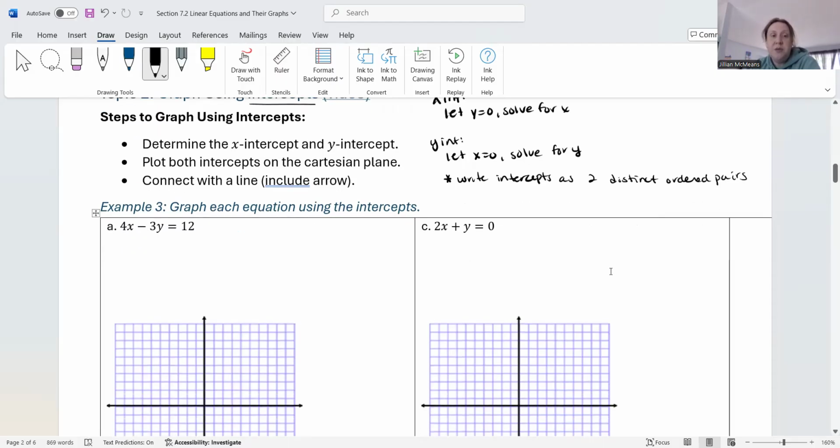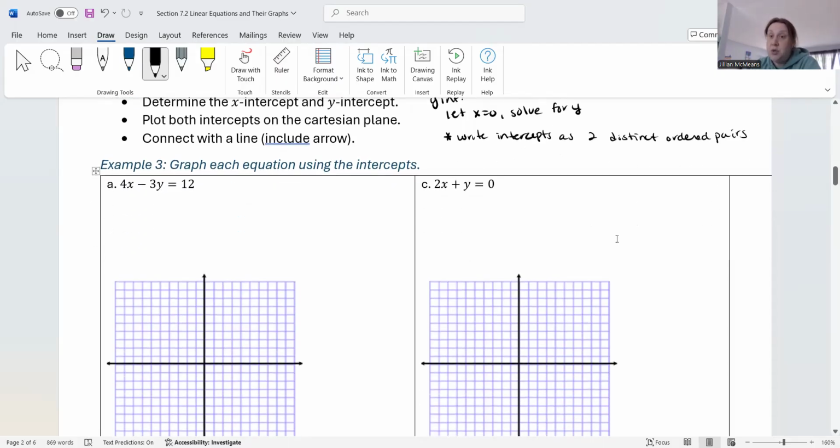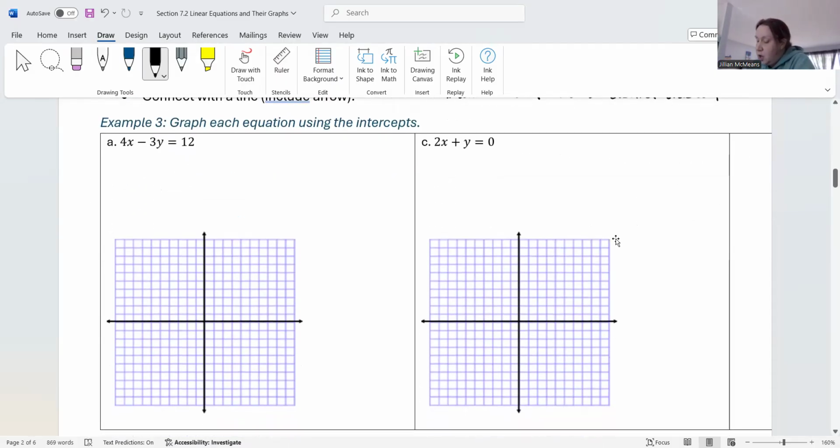For example 3, it says graph each equation using intercepts. For part A, we have 4x minus 3y equals 12. Let's first find our intercepts. For the x-intercept, we let y equal 0 and solve for x. So we get 4x minus 3 times 0 equals 12. 3 times 0 is just 0, and 4x minus 0 is 4x, so we get 4x equals 12.